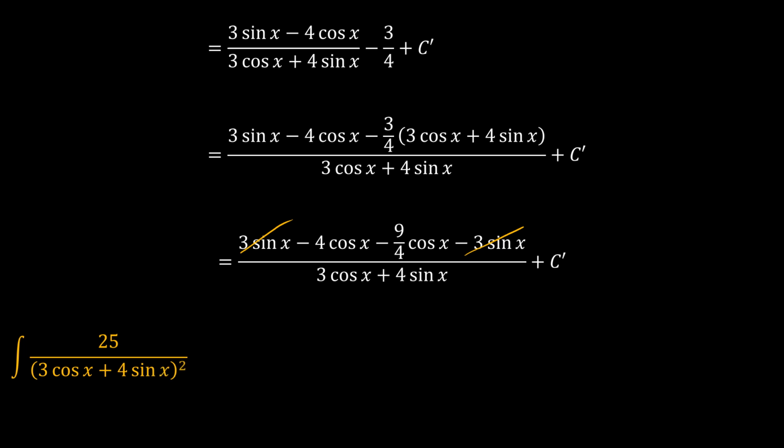And so the final answer is very similar to what we got in the previous method, which is negative 25 cosine x over, there's a mistake here, so 4 times this becomes 12 cosine x, and then we have 16 sine x.